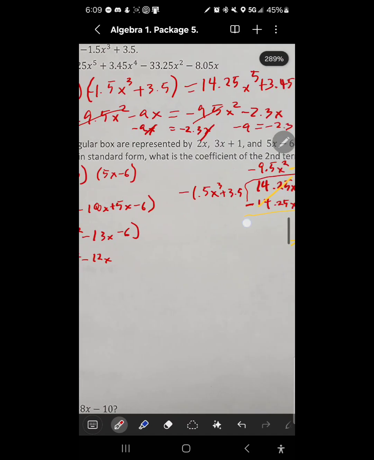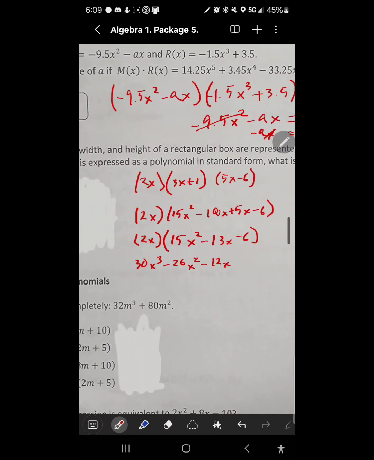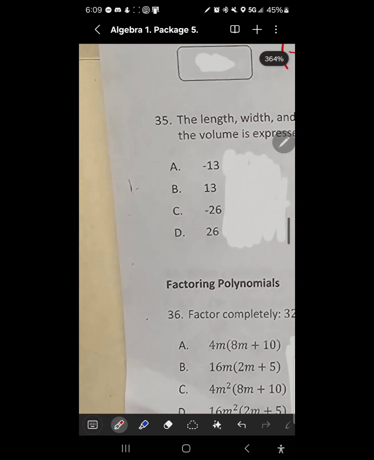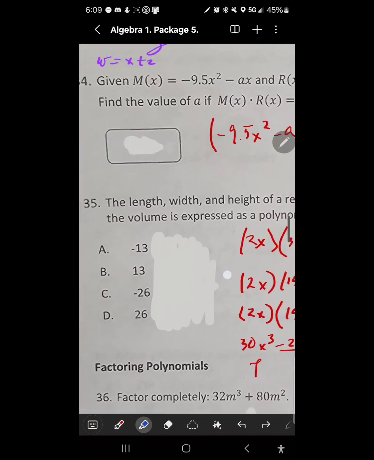Now, when they're asking what is the coefficient of the second term, this is the first, this is the second, this is the third. The coefficient is the number before the x, so it's going to be negative 26. Yep, which is it.